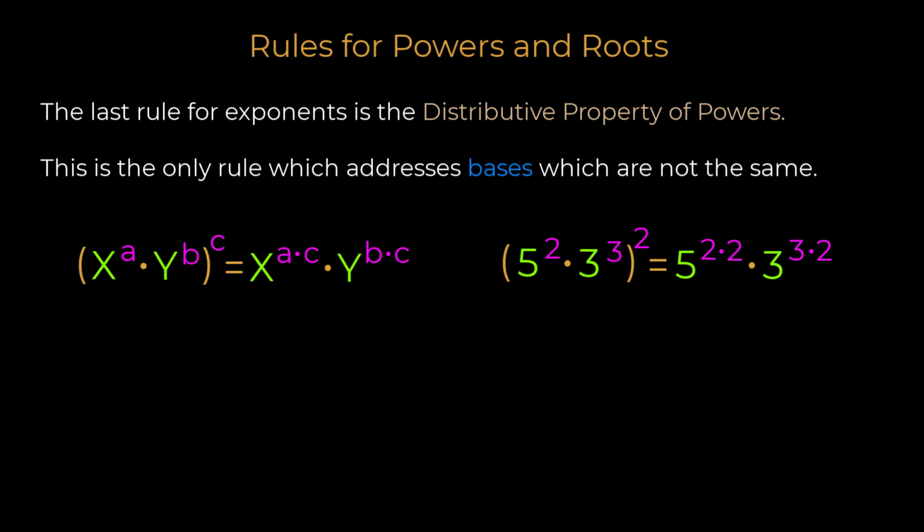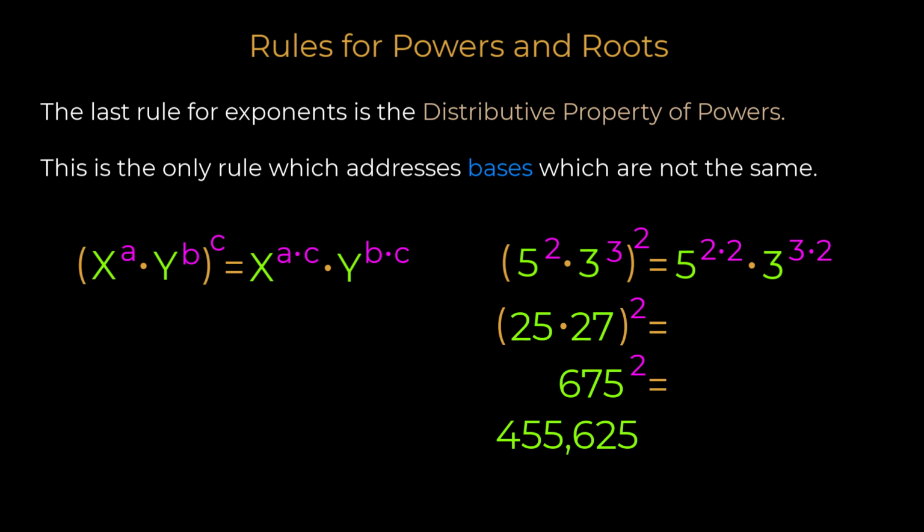On the left side of the equation, 5 squared is 25, 3 cubed is 27. 25 times 27 is 675. 675 squared is 455,625. On the right side of the equation, 2 times 2 is 4, so we have 5 to the 4th power. 3 times 2 is 6, so we have 3 to the 6th power.